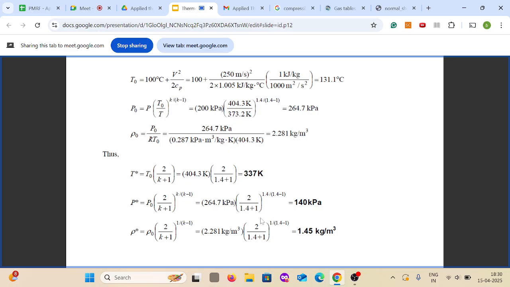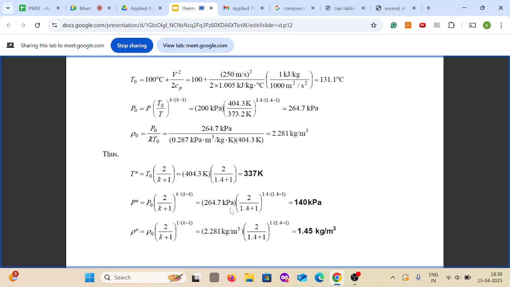And since we know T star by T naught is 2 by (gamma plus 1), P star equals P naught into (2 by (k plus 1)) raised to the power k by (k minus 1). P naught is 264.7 kilopascal.